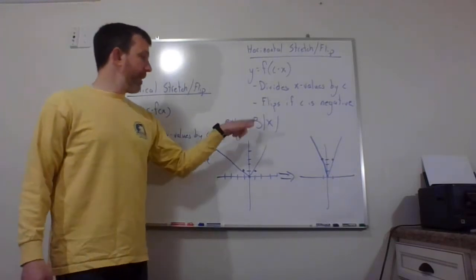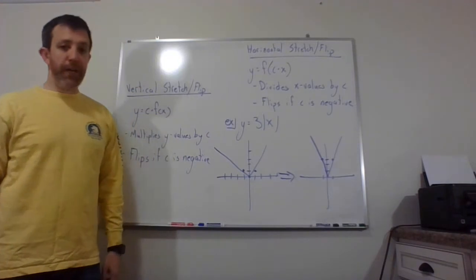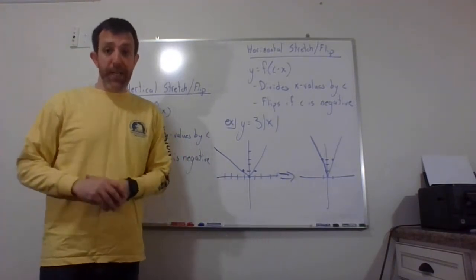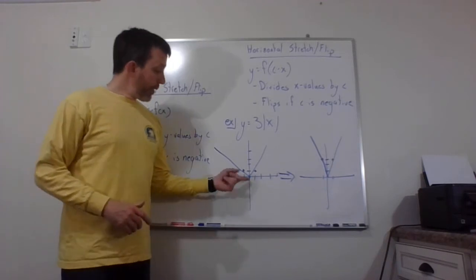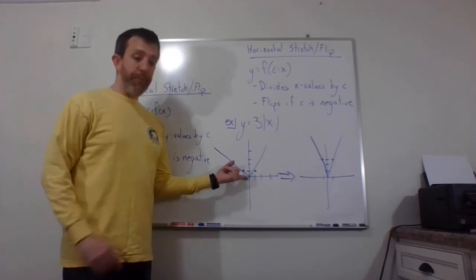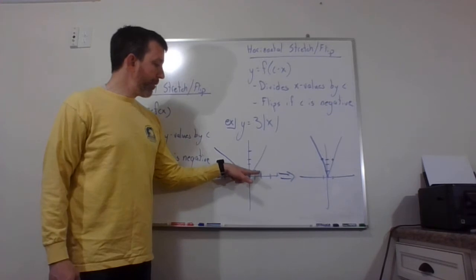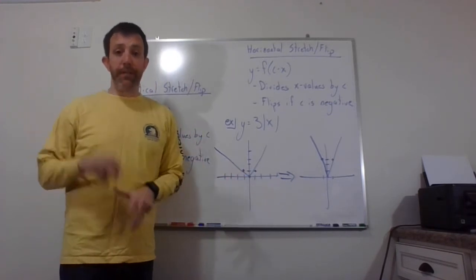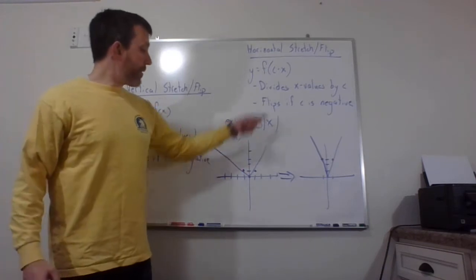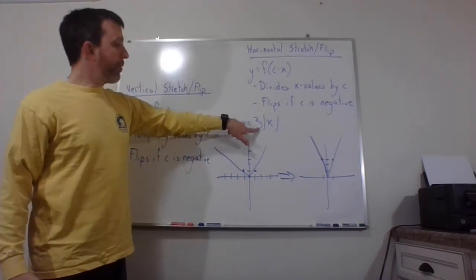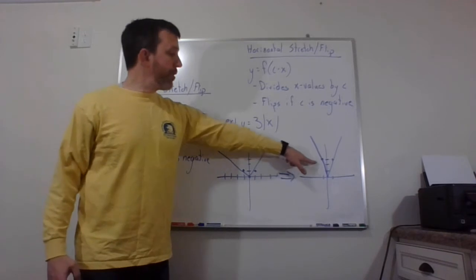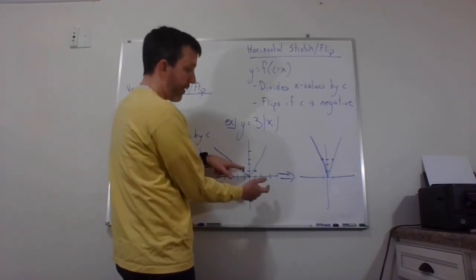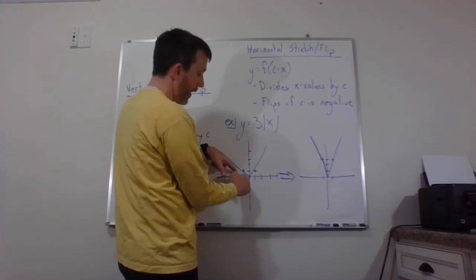So I have this example, y is equal to 3 times the absolute value of x. Here on the left, you can see I have your basic absolute value graph, which, remember, comes to a point at 0, 0. And of course, if you plug in 1, you get 1. If you plug in -1, you also get 1 because absolute value makes everything positive. So we have this nice V shape. Well, with a 3 in front, notice I took these two ordered pairs that I had, 1, 1 and -1, 1.